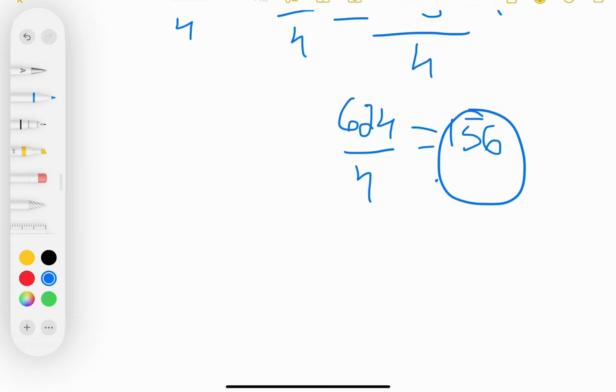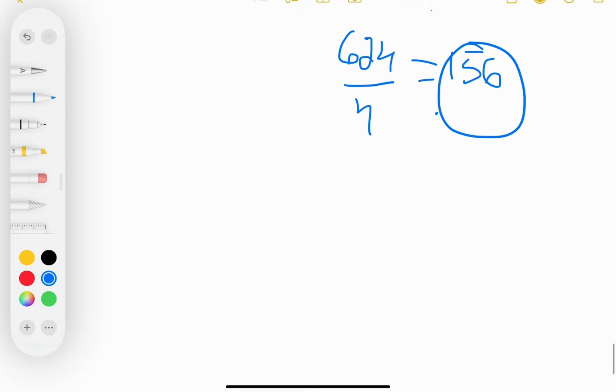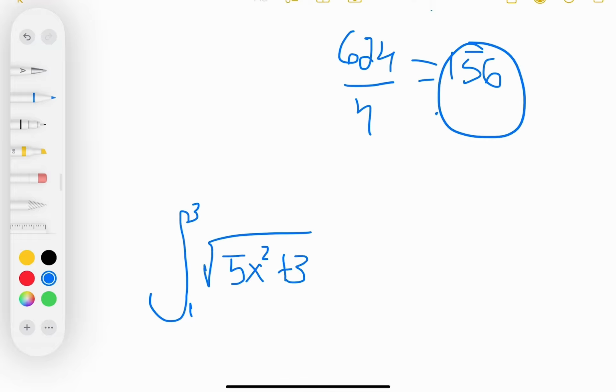So let's do example 2. We are going to make our lives a little harder and use a square root. We're going to do the integral from 1 to 3 of the square root of 5x squared plus 3 times 10x dx.